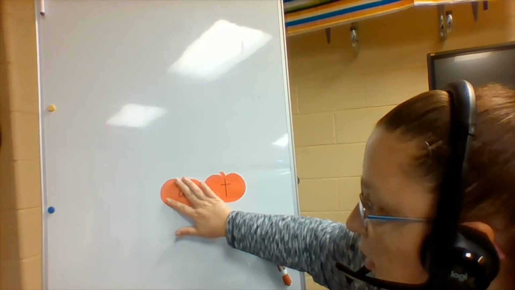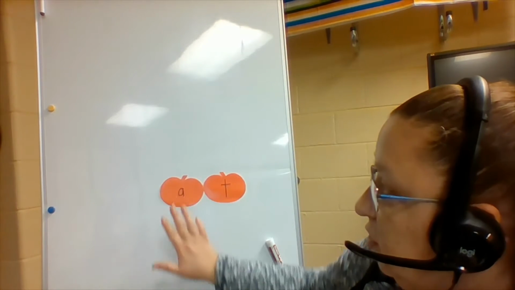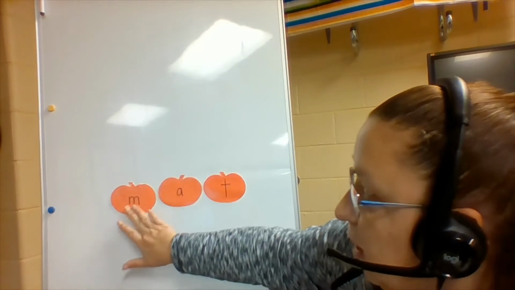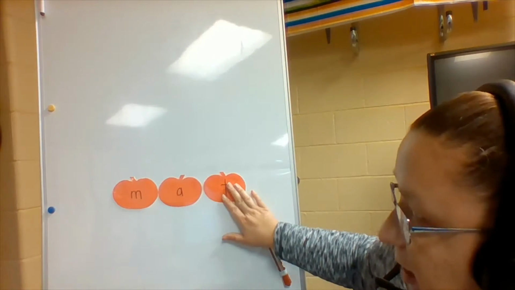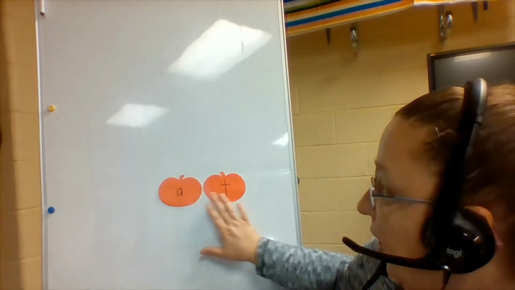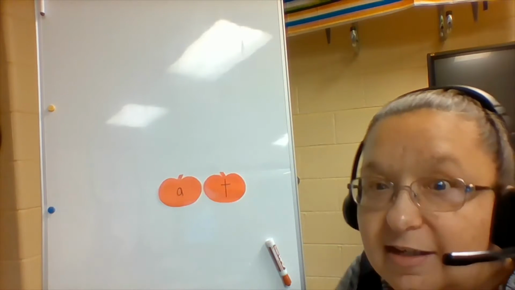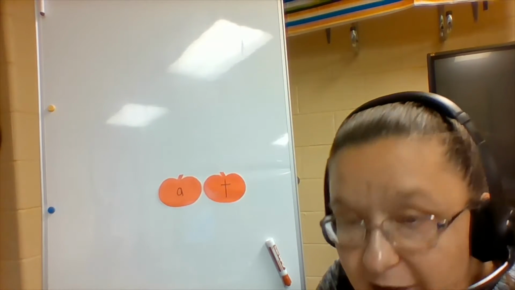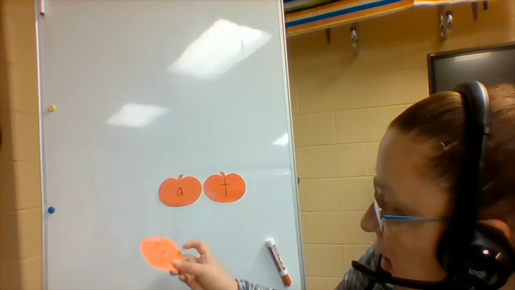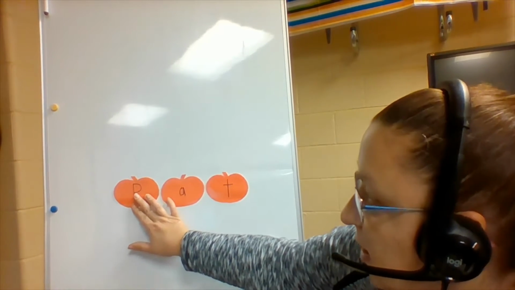For this one, we are taking our M away and we're just going to have A and T. So if this was mat, take the M away and we have at. At. Good job.